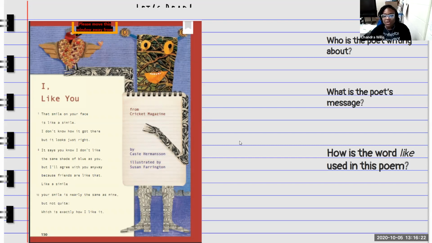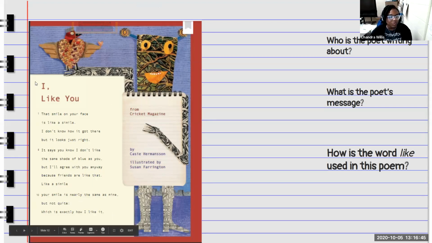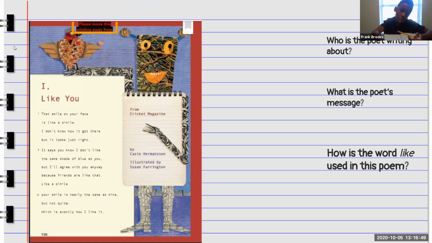So what did you notice about this poem? Frank, what did you notice about this poem compared to the ones we just read? How is this poem different from the ones we just read?